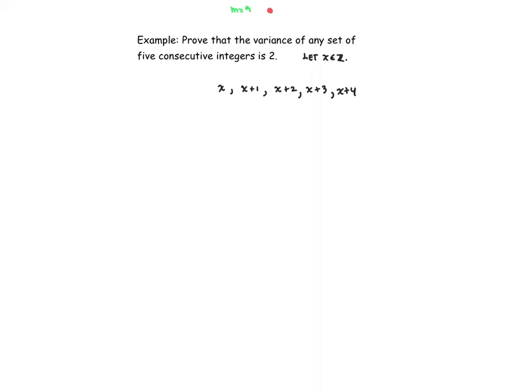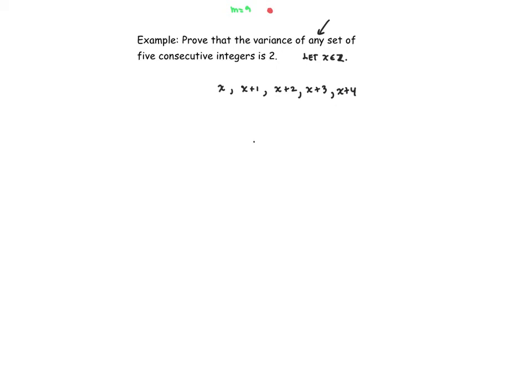Okay, now it wants me to prove that the variance of this set, by generalizing this to some arbitrary x value that's within the integers, is valid for showing that this is true for any set of 5 consecutive integers. By definition, these are 5 consecutive integers if x is an integer.